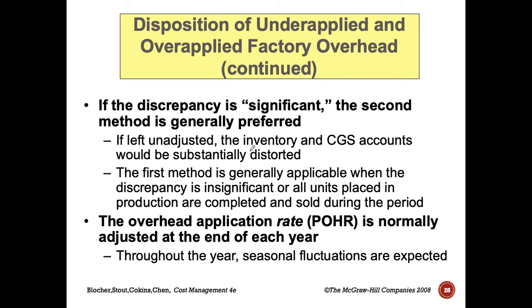The first method is generally applicable when the discrepancy is insignificant or all units placed in production are completed and sold during the period. The overhead application rate is normally adjusted at the end of each year. Throughout the year, seasonal fluctuations are expected.